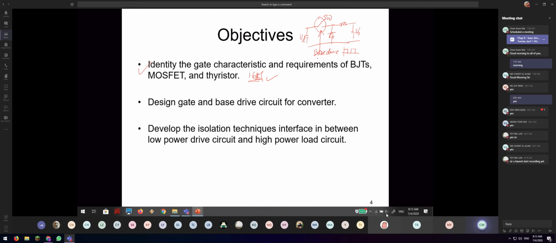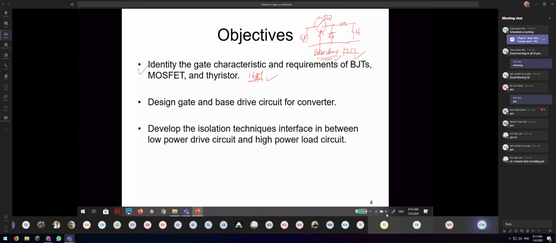The base drive is one of the very important components in the converter design. If you do not have a good PWM, then your accuracy and efficiency will all be affected a lot. That is why the base drive is very important.